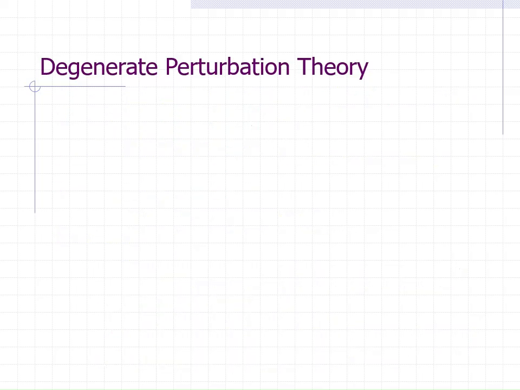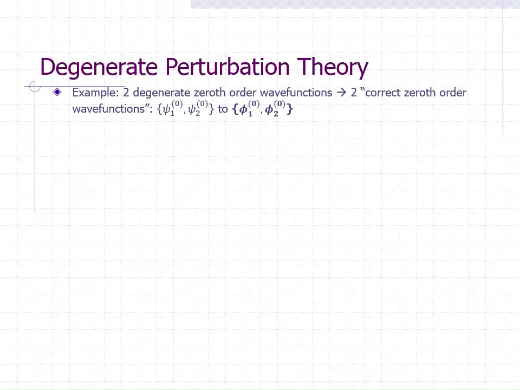Let's now see how we construct the correct zeroth-order wave functions in degenerate perturbation theory. Consider a simple example with two degenerate zeroth-order wave functions, psi sub 1 naught and psi sub 2 naught. Our goal is to replace these with two correct zeroth-order wave functions, which we denote as phi sub 1 naught and phi sub 2 naught.